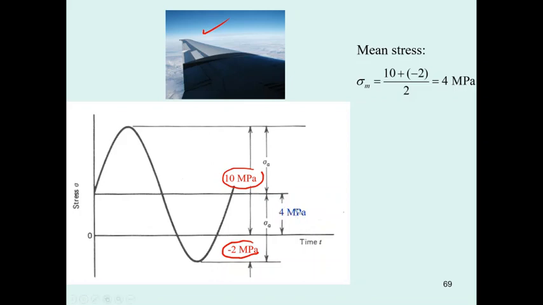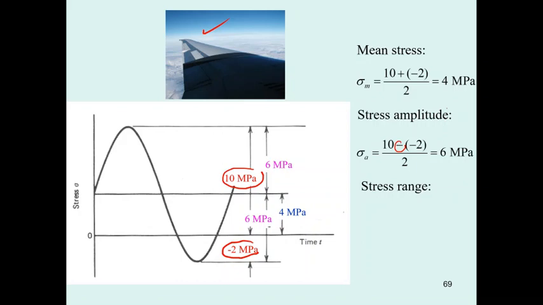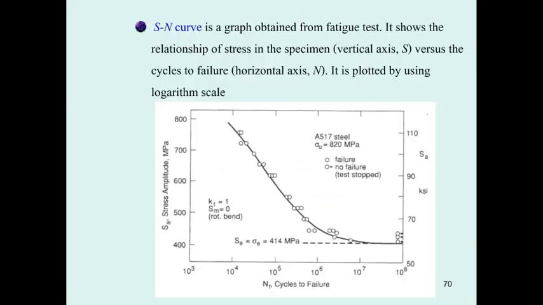And if we'd like to determine the stress amplitude, it's sigma max minus sigma min divided by 2, so it's 12 divided by 2, which is 6 megapascal. And the stress range is the total length, sigma max minus sigma min, which is 12 megapascal. Okay, and when we do the test in the lab, we will put the specimen.